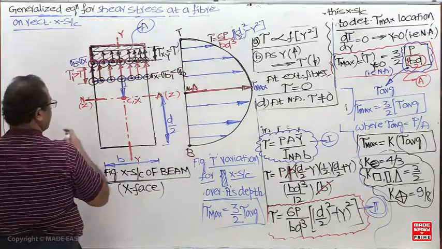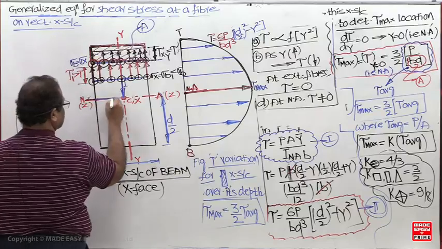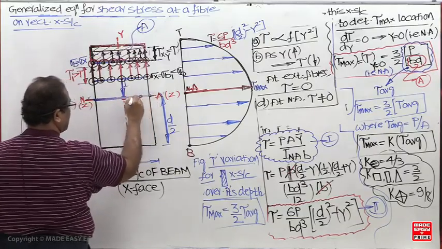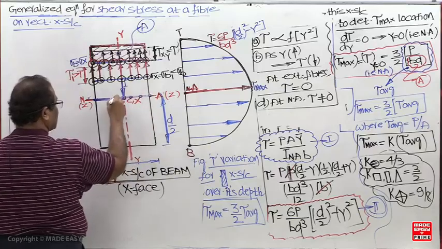Now here bending stress is 0. But which one is maximum? No, shear stress is maximum. Here you are getting only tau xy.